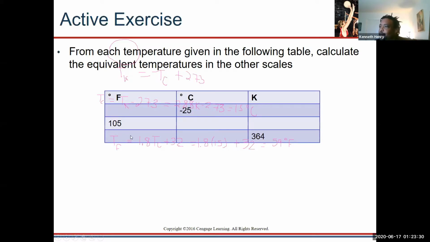Perfect, right? Okay, so we have 6 open spaces. I'm going to put you guys in some groups. I want you to discuss it, and then you're going to come back, answer the questions, filling in the spots.